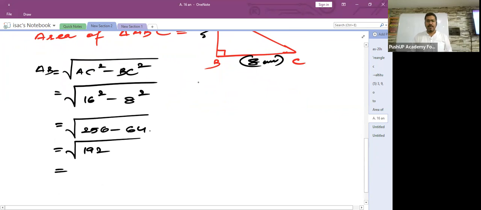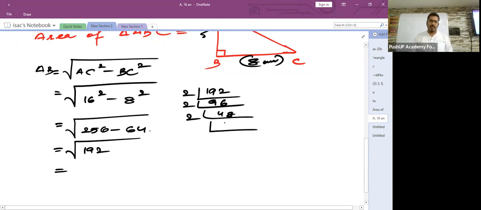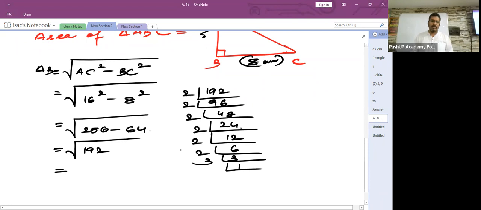Children, can you please simplify square root 192? Let's do it. 2 into how much? 96. 2 into how much? 48. 2 into how much? 24. Then 2 into 12. 2 into 6. Then 2 into 3. And then 3 into 1.